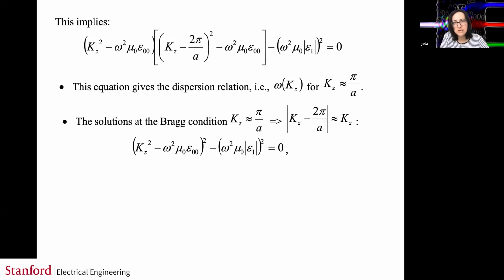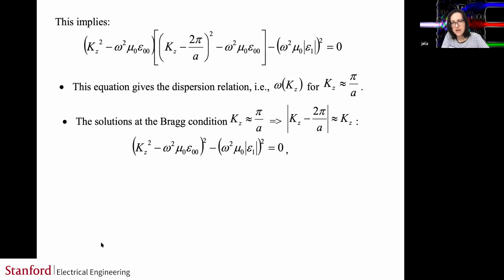If we're looking at it around pi over a, you can simplify it even further, because k minus 2 pi over a is around k as well. So this whole first term can be approximately written as the square of the first term, because k and k minus 2 pi over a are approximately the same. k is around pi over a. So this is a little bit simpler, right?